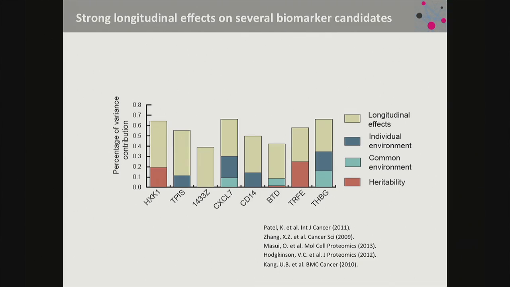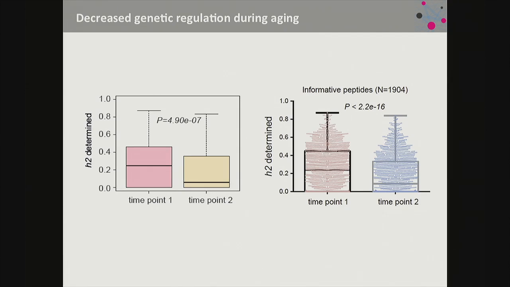I skip this, and I just want to show that generally, which is also an important factor for clinical studies, the genetic control of abundance of proteins decreases with age.